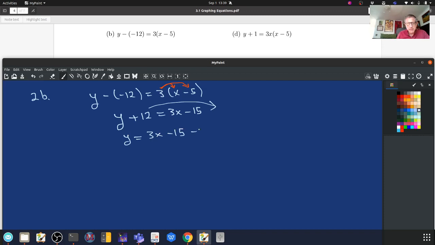I always like to do at least one problem really broken down. I'm going to combine like terms. Minus 15 minus 12 is minus 27. And now I'm going to bring my 3x term over here. It changes sign. Since y doesn't have a negative in front of it, I put a positive in front of it.